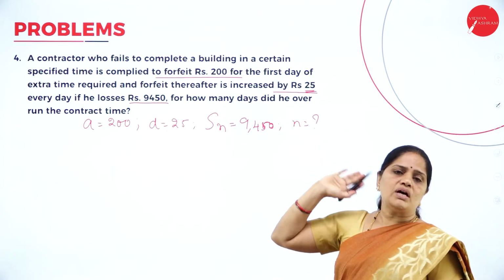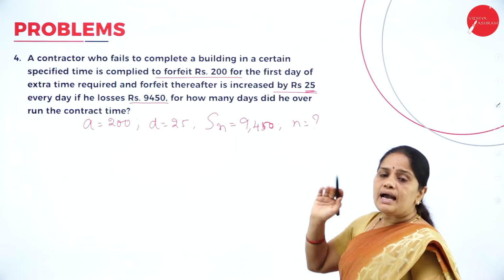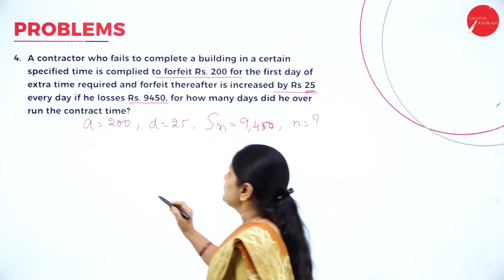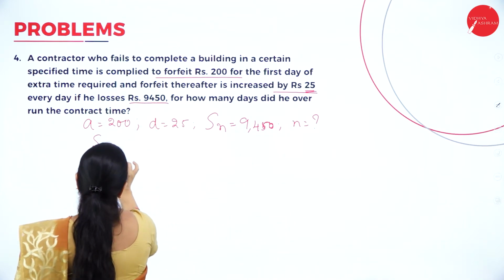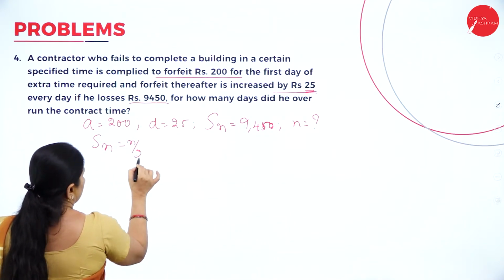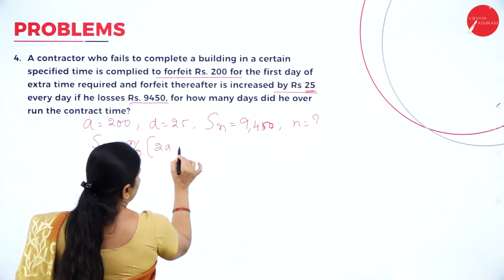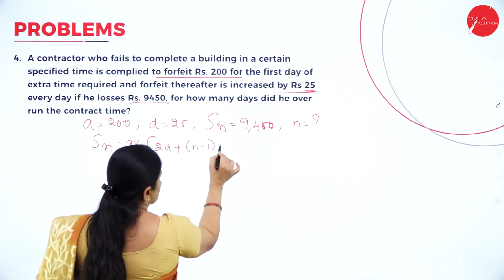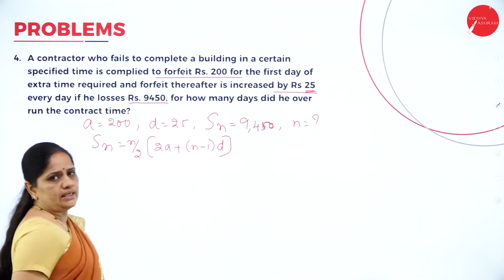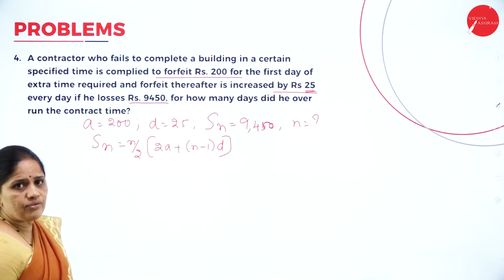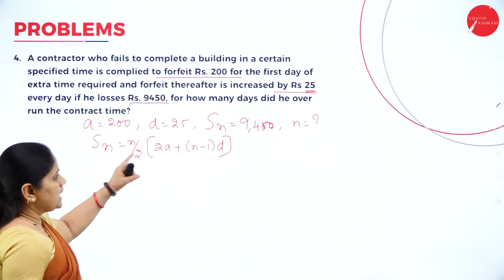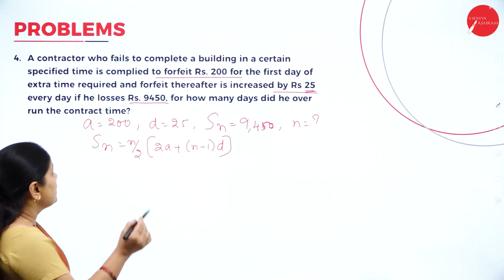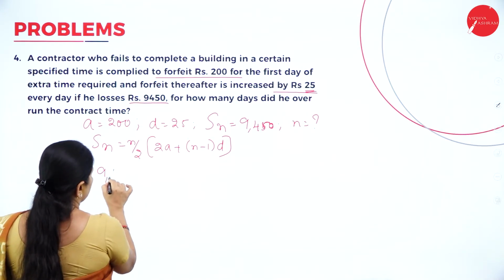So I don't know what is N here. So I make use of the formula SN equals N by 2 into 2A plus N minus 1 into D. So I make use of this formula here. So SN I know already, 9,450.